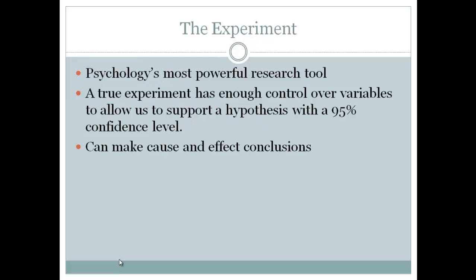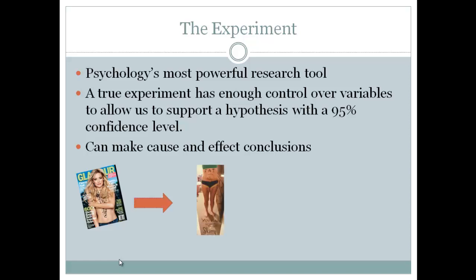We also can make the conclusion about cause and effect, that a variable likely caused a change in some sort of effect outcome. For example, we might be able to say that reading fashion magazines, if you're a young girl, can cause body dissatisfaction.